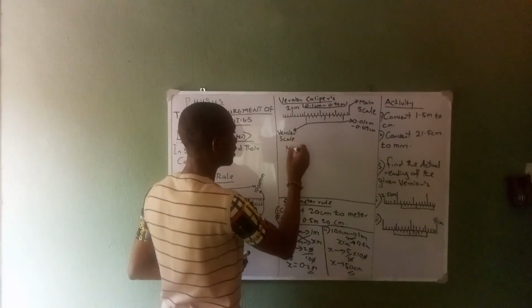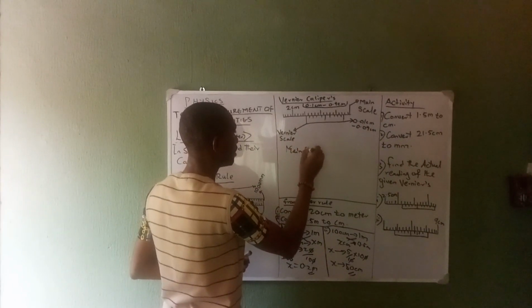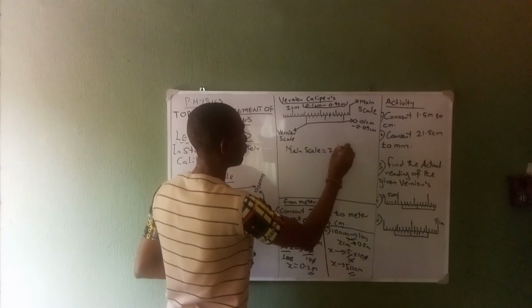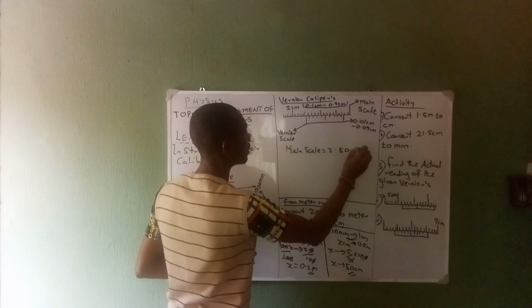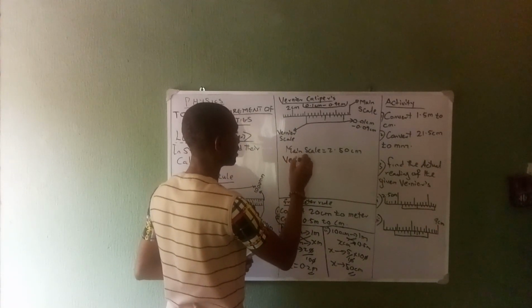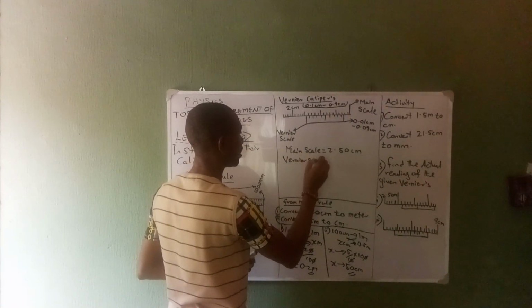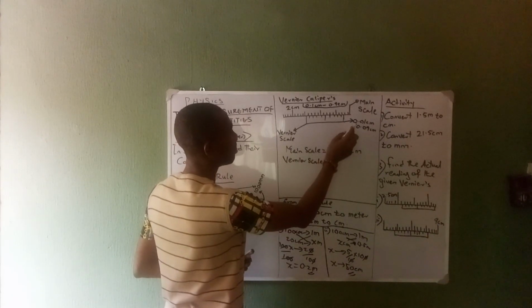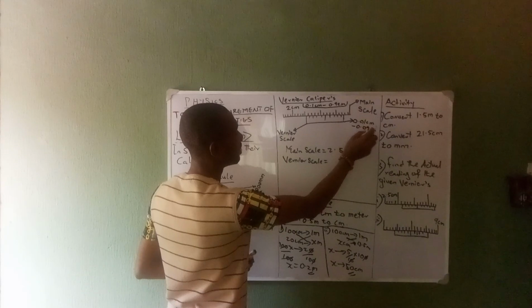So you say main scale will be equal to 2.50 centimeter. Now you take the vernier scale reading. The vernier scale will be equal to, remember, its standard reading is 0.01 centimeter.